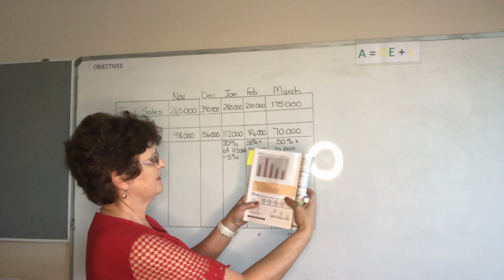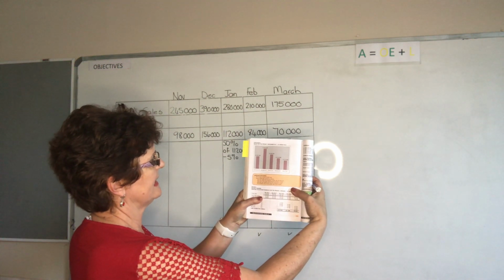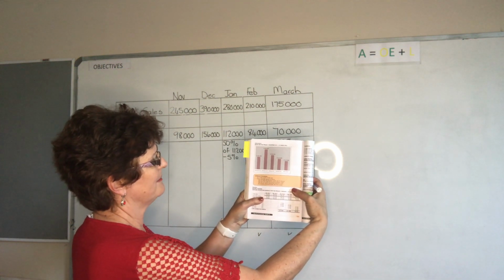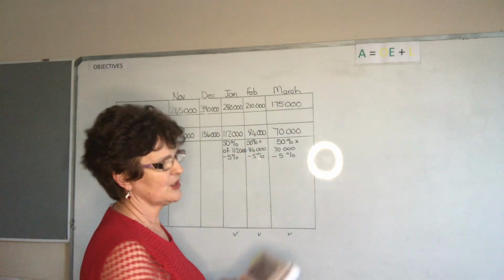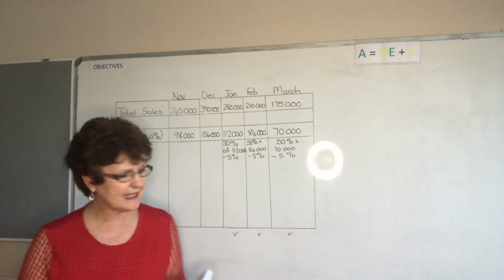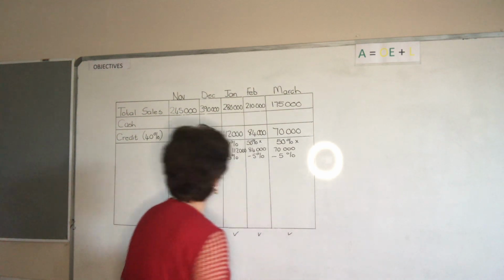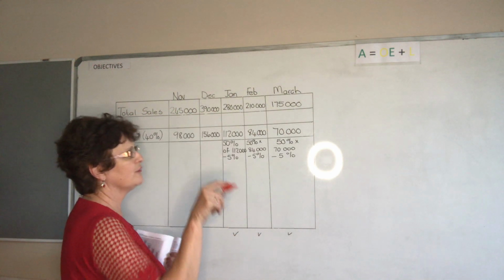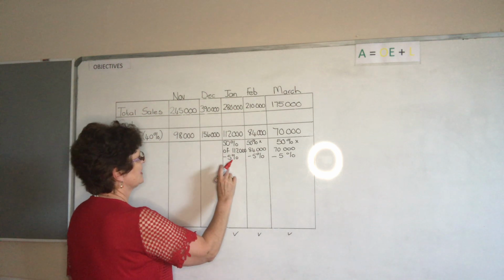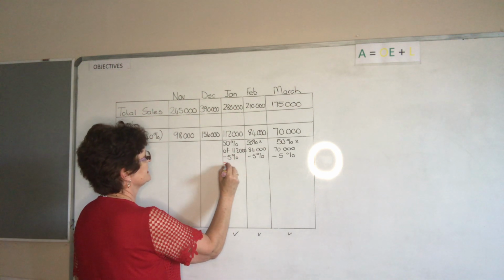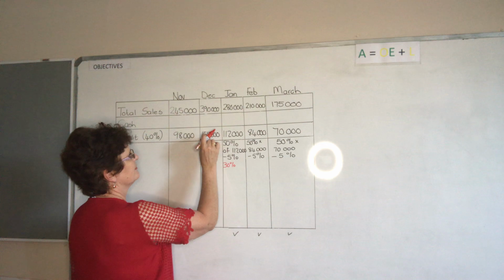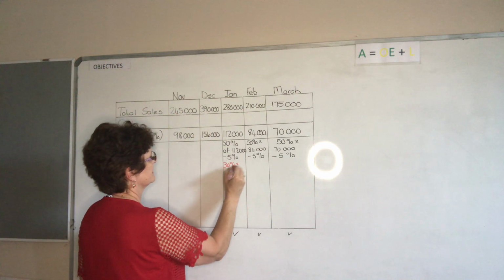The next information is saying 30% pay in the month following the transaction month. Let's take another color. 30% will pay in the month following the transaction. So in January, we will have 30% of 156,000.